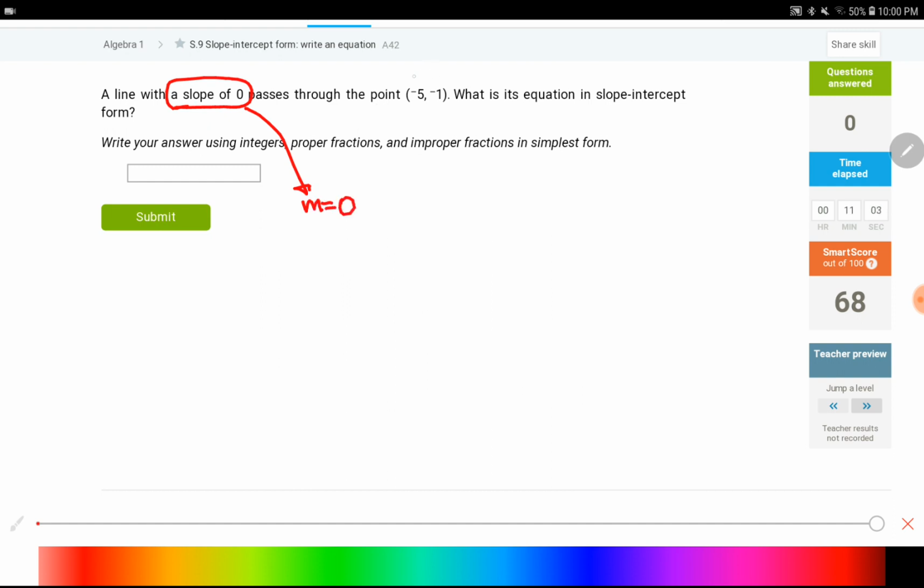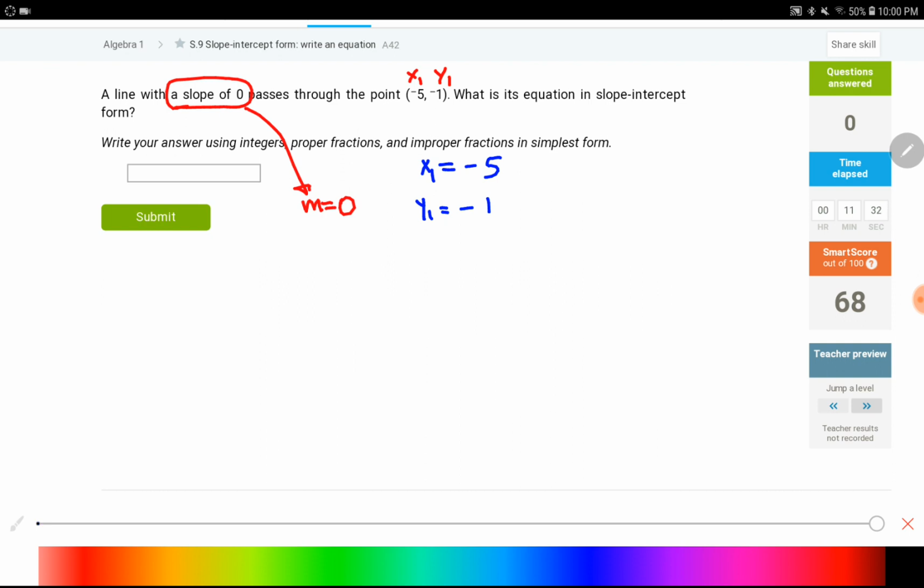It passes through the point, negative 5 is my x1, negative 1 is my y1 value. If you have a point that the line passes through, those are going to be your x1 and y1 values. So just to make it a little bit easier, I'm just going to put this: x1 equals negative 5, y1 equals negative 1.